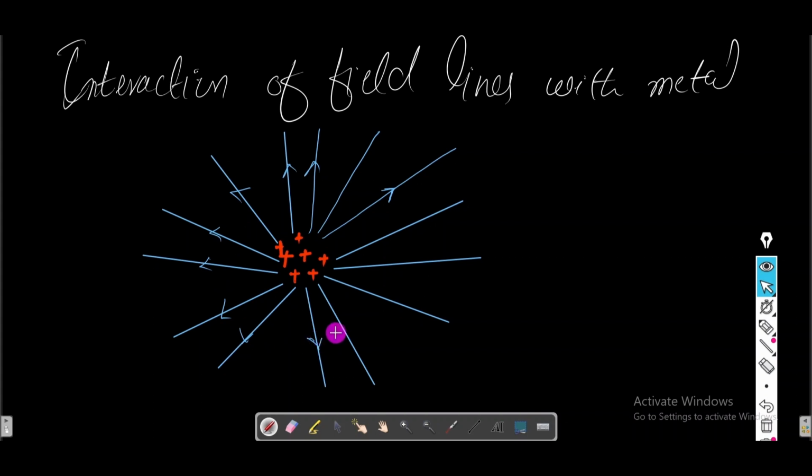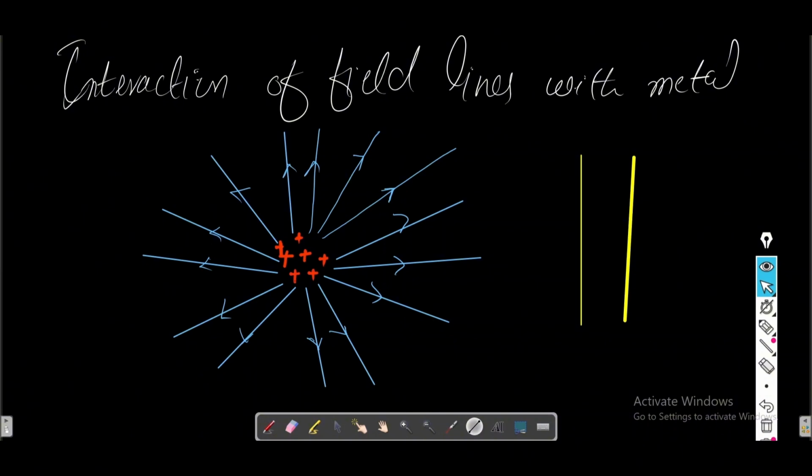Now think about this scenario. These are positive charges, and let's consider a metal. This is a metal.